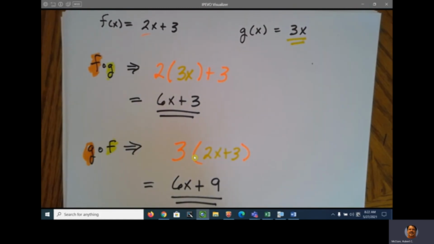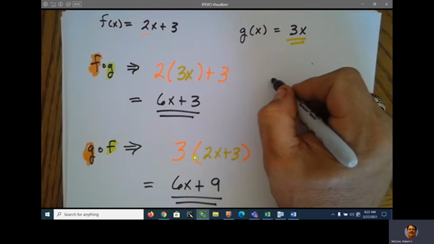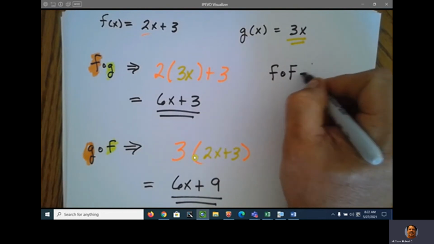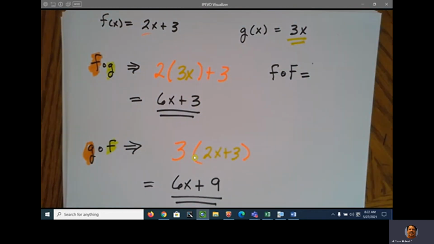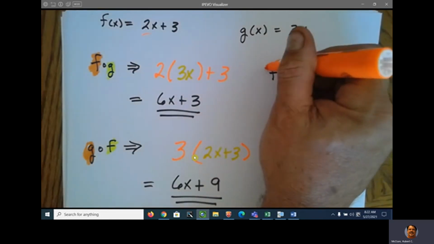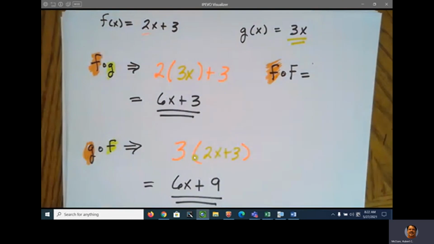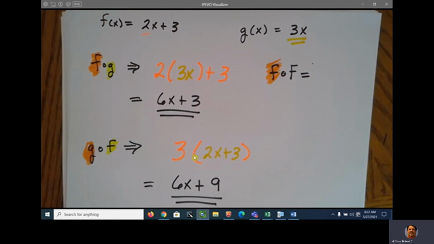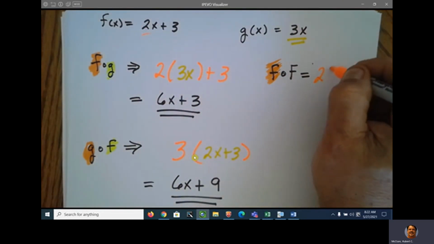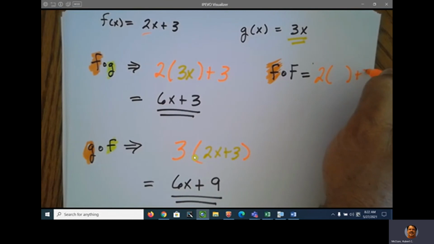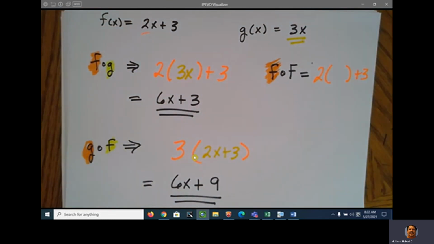And you can do f composed of f. Well, my first letter is f, so I'm going to rewrite f with a big set of parentheses. And that's going to be 2 times the parentheses plus 3. And then what am I going to plug in? Well, the second letter you plug in.